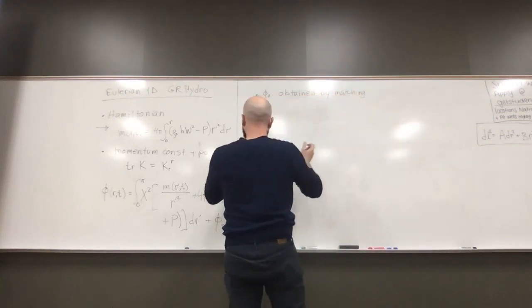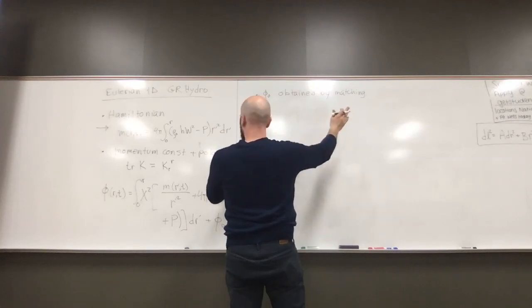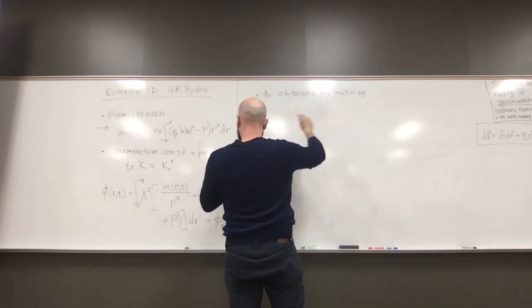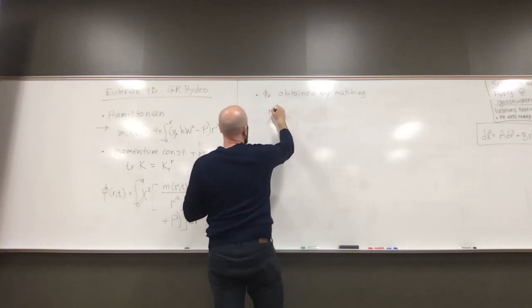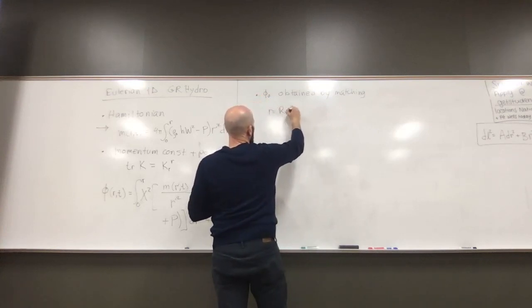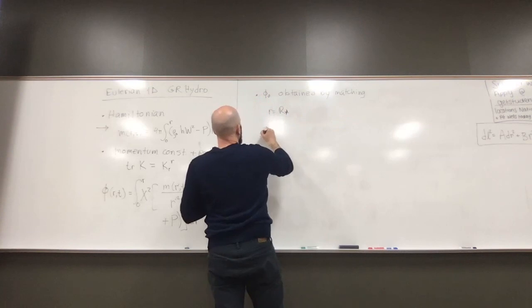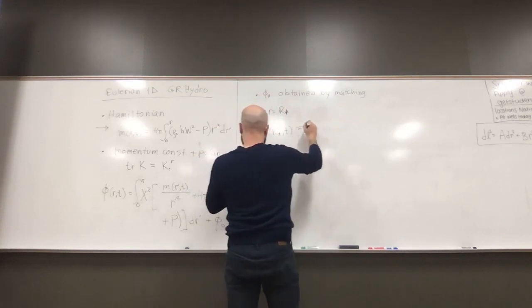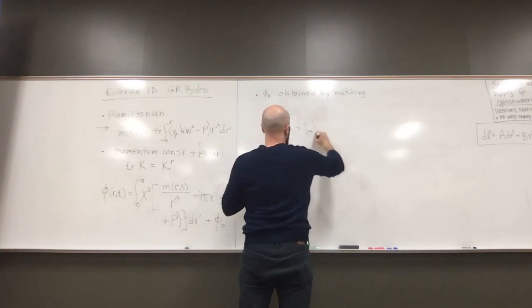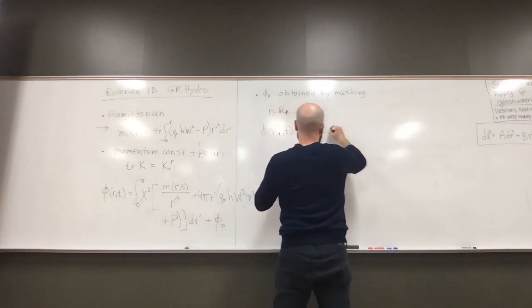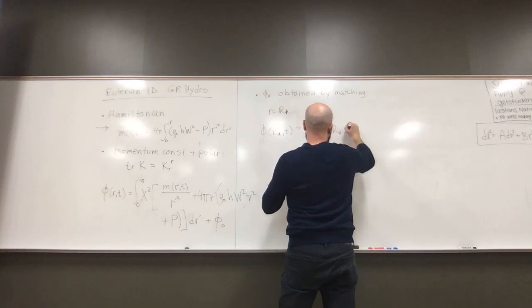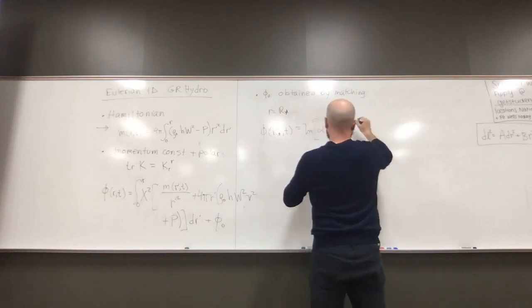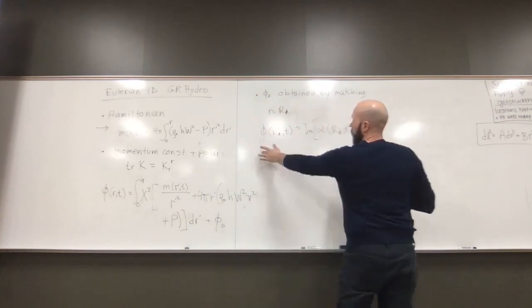Okay. So once we do that, we just get at R equals R star, let's call it the edge of the star, phi at R star and time t is equal to the natural log of the lapse at R star and some time t, which of course it must be, right?